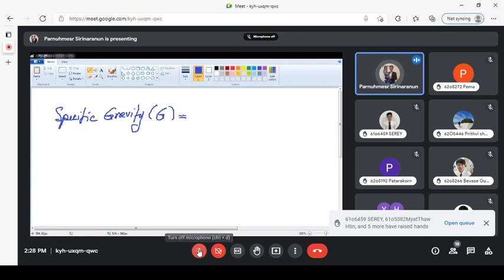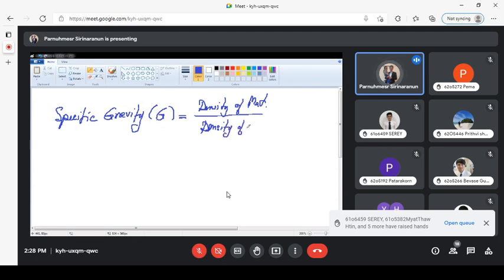Or the equation you will know. Okay, the density of material compared to the density of water.